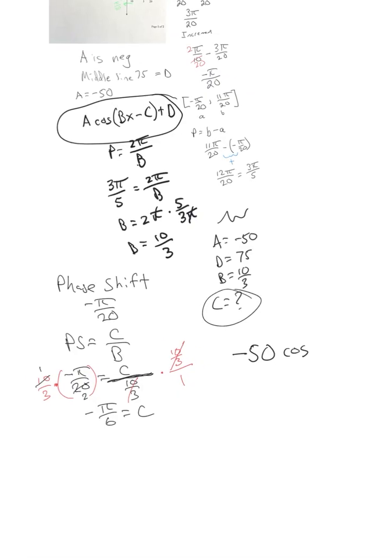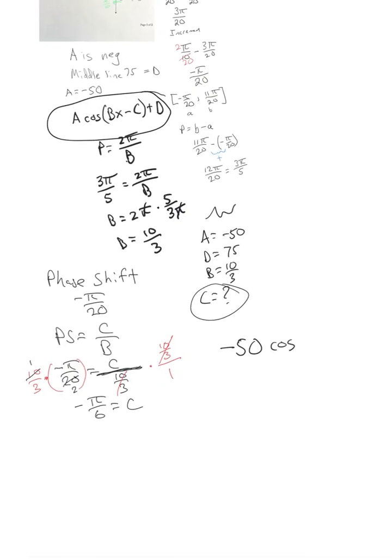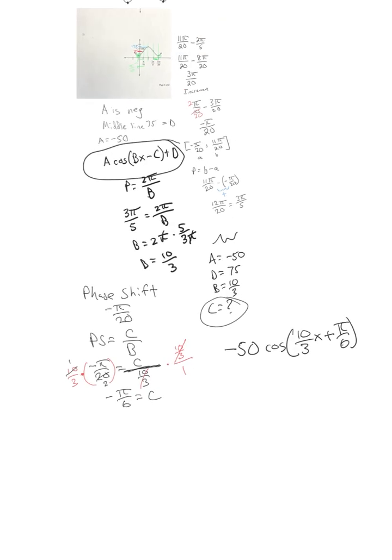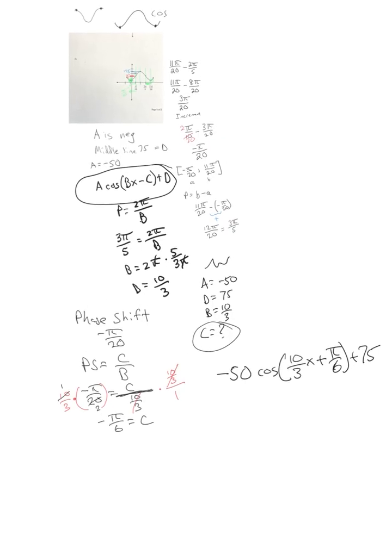We chose cosine because it looked like an upside down cosine of 10/3 x. Now you got to watch this. It would be minus c, but c is a negative. So minus a negative would be plus pi over 6. And then finally plus 75. There we go. So that would be that second example.